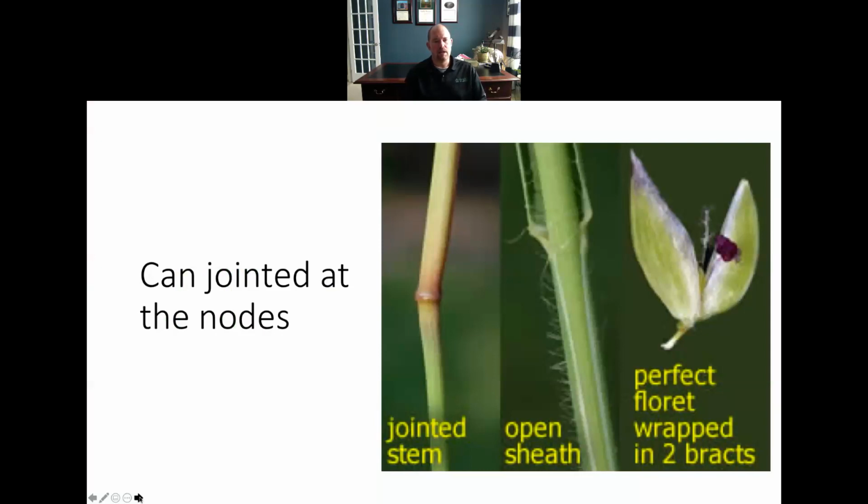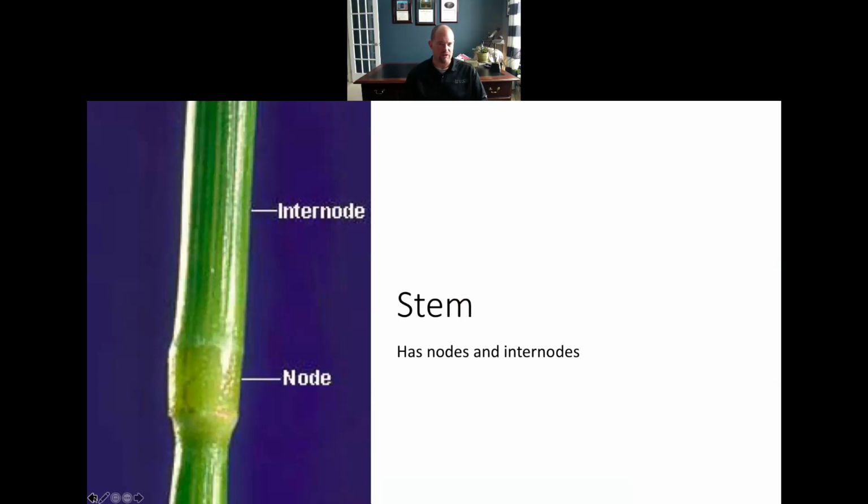So nodes can be jointed at the node. They can have an open blade sheath on the node. They could have a tight blade sheath around. The biggest thing is that sometimes you'll see what's called jointing on the node, and sometimes it's less characteristic, kind of like the previous picture.